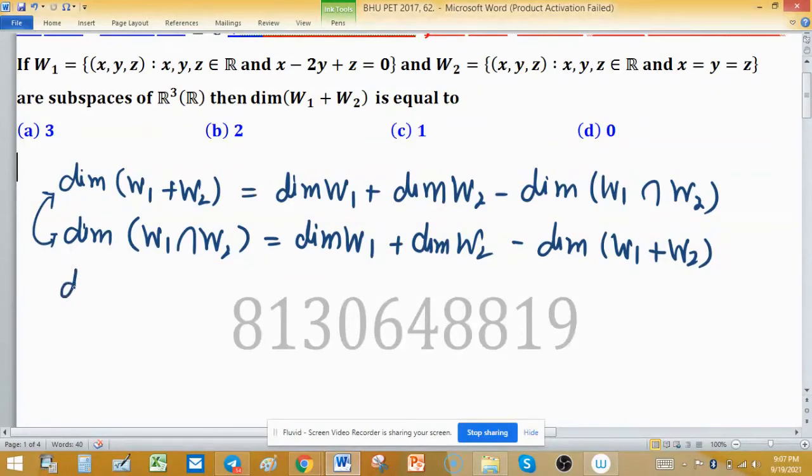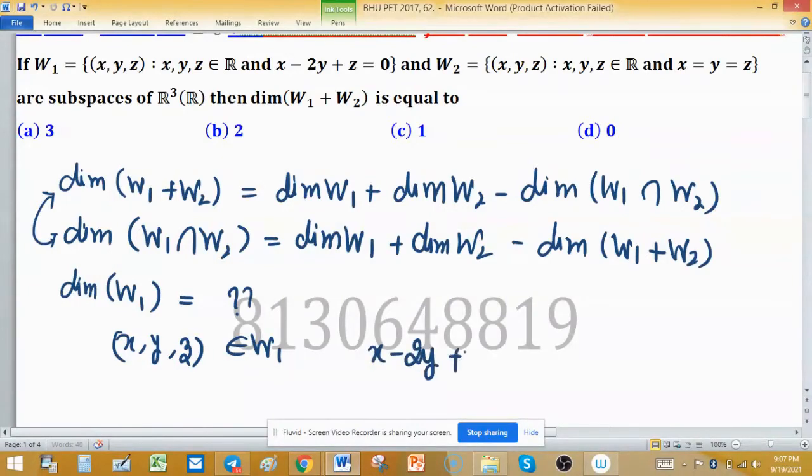For this we have to find the dimension of W1. Suppose (x, y, z) comes from R3 and belongs to W1. Then the constituents of this element will satisfy the property of subspace W1, so x - 2y + z = 0. That is, x - 2y = -z.